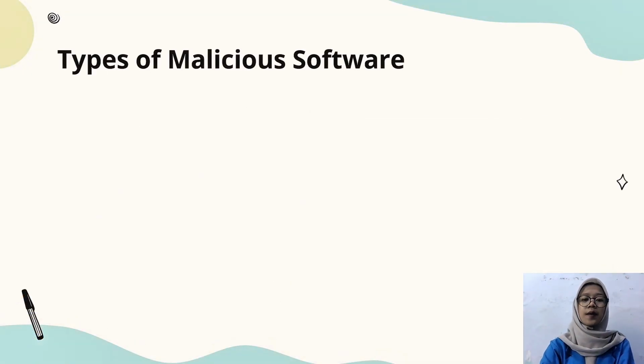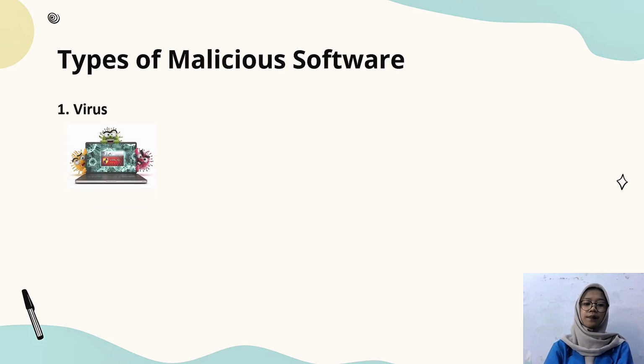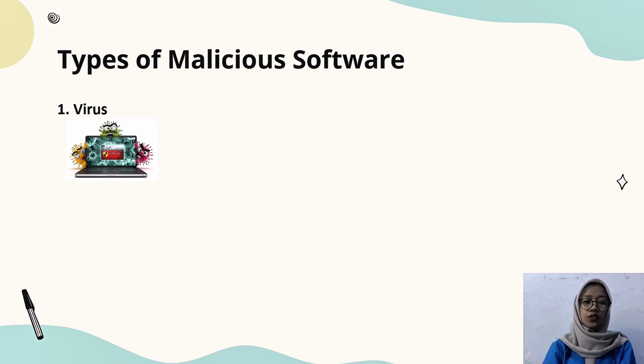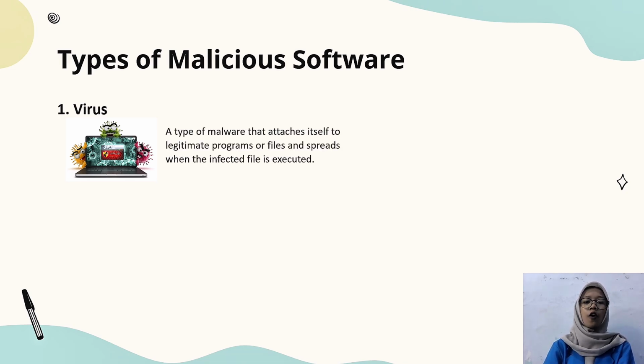Here are the types of malicious software. The first is a virus. This is a picture of a virus. A virus is a type of malware that attaches itself to legitimate programs or files and spreads when the infected file is executed.